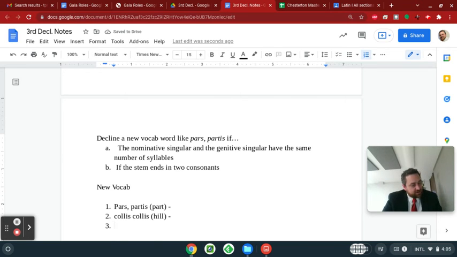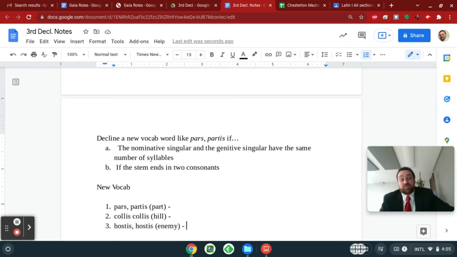And then number 3. The next word is hostis, hostis, which means enemy. And that's kind of weird. That's another example of one that has not only the same number of syllables, but the same word as the nominative singular and the genitive singular.